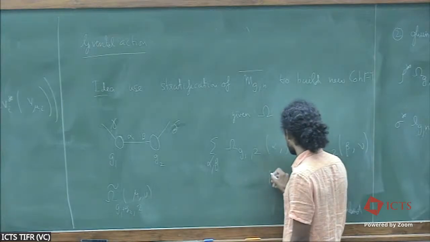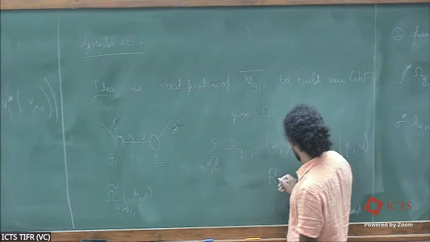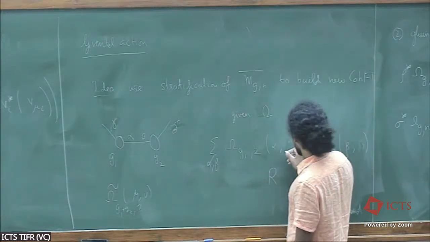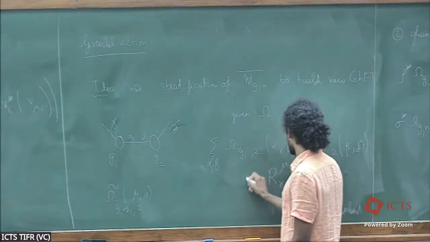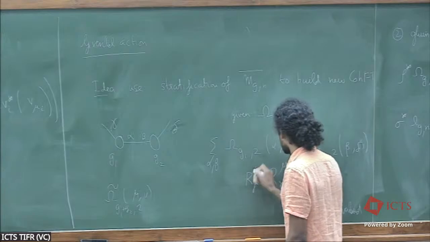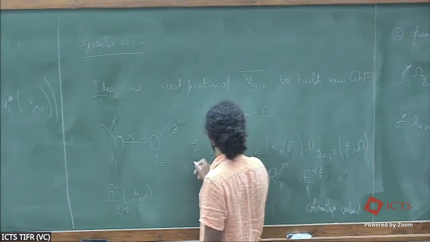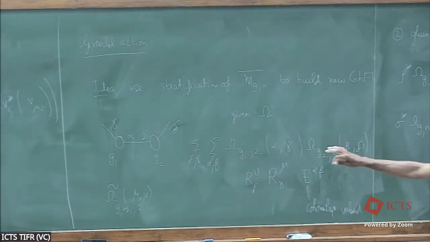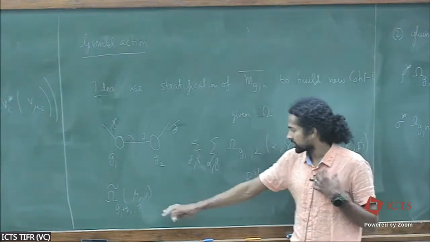I put something like R of gamma delta, gamma mu, or delta nu. Then I sum also over gamma and delta. So I get something on the strata, and I push forward along the inclusion of the strata into the moduli space. I get some cohomology class.